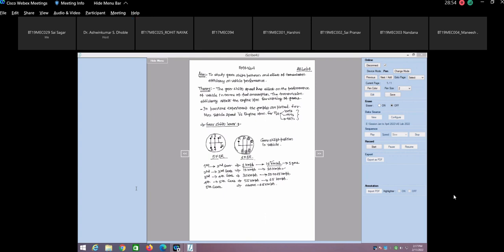So here the torque value is the least, here the torque value is maximum.